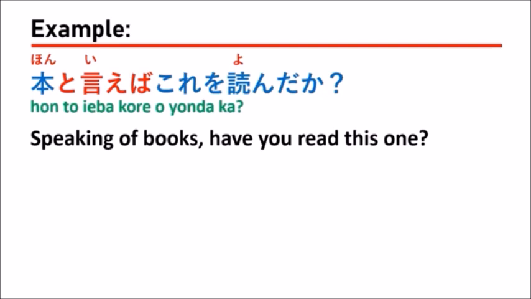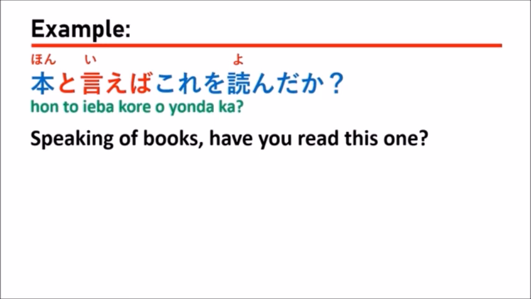In this sentence, you are talking about books in Japanese. There might be many books, but among many books, one of them might be famous.